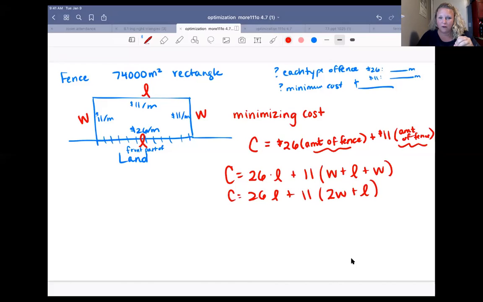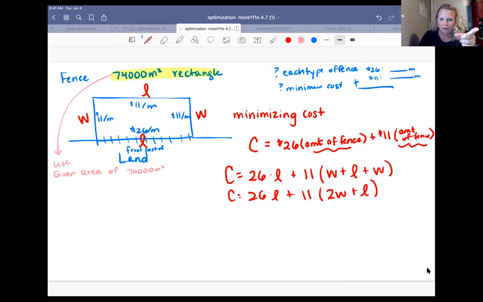So what we did before is using the other piece of information that's here, we've been given that we are working with an area of 74,000 square meters. So you'll use this given area of 74,000 square meters to write an area formula, write it in terms of W or L, and then we'll plug it back in.